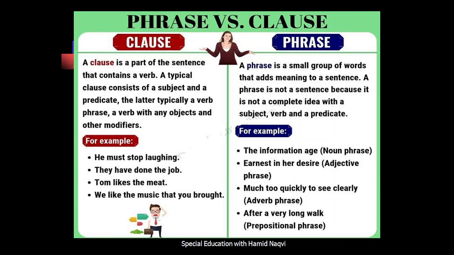But suffice it to say here that it is a small group of words. For instance, the information age. Earnest in her desire. Much too quickly. Or you might have heard an apple of an eye or a lion's share. These are phrases.